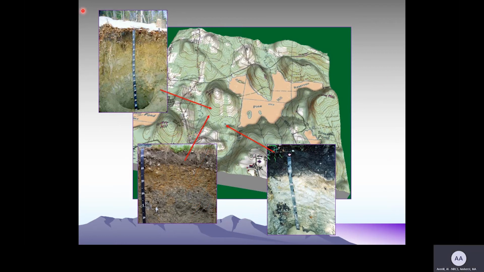This particular soil is going to be on a side slope. This particular soil is going to be on a bench in the slope or on a foot slope or a toe slope, and this one will be in a depression. Everything's the same but the landscape position. So you can kind of get the concept of these soils that formed in lodgement till.